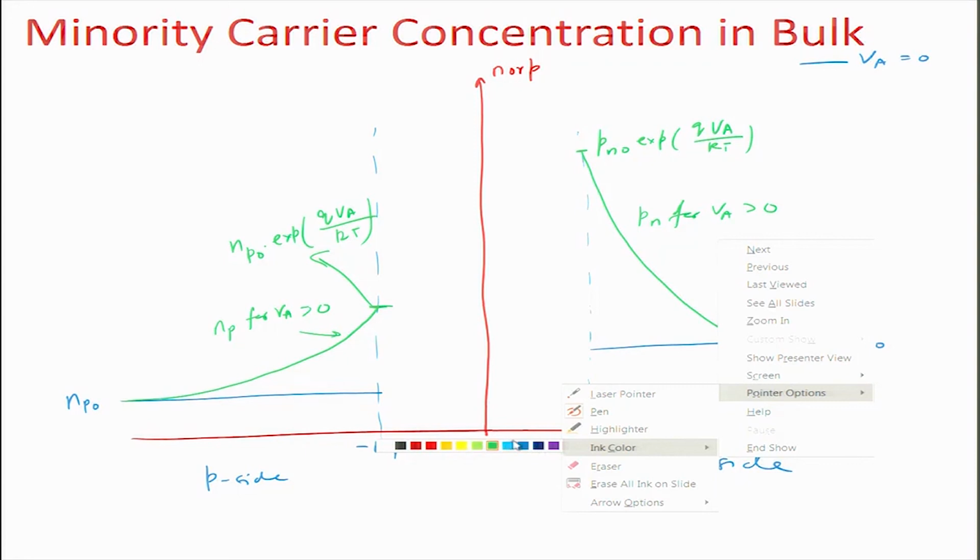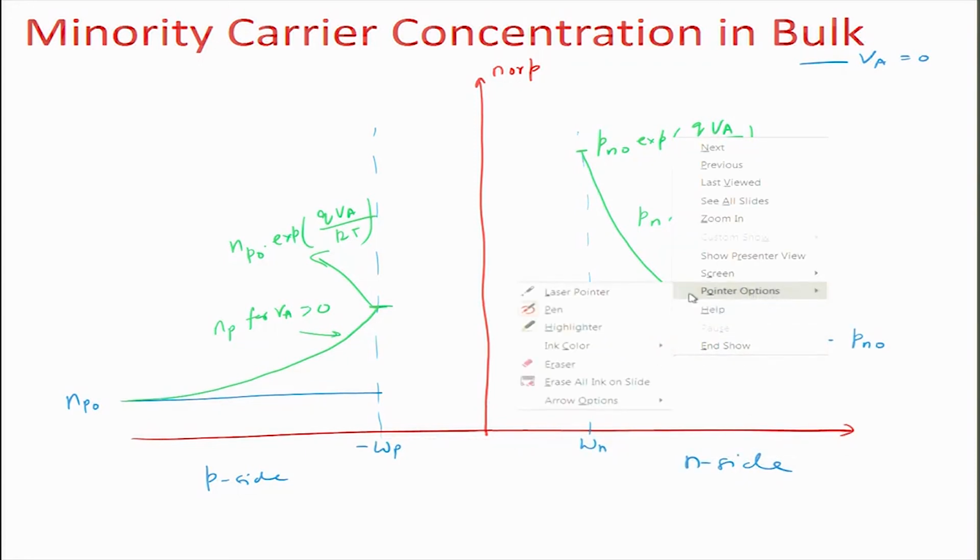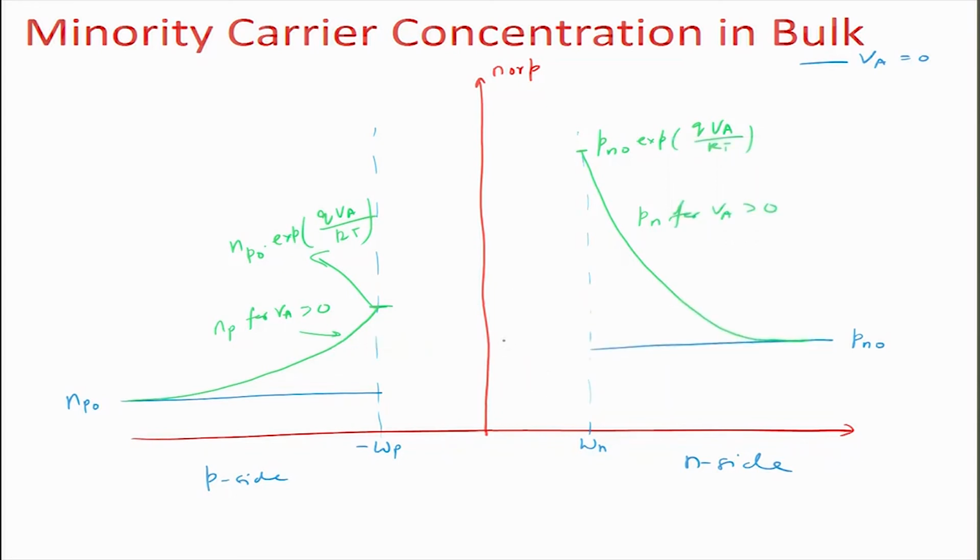And if I use a purple color for the negative bias, this will go as something like that on both sides. This would be the behavior for the negative bias. It will eventually go very close to 0. So this would be for Va smaller than 0.